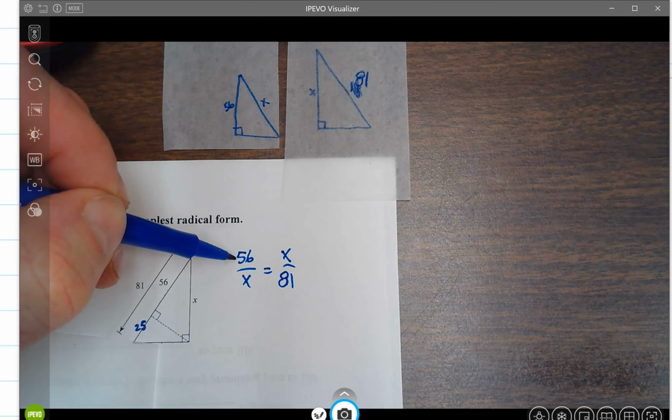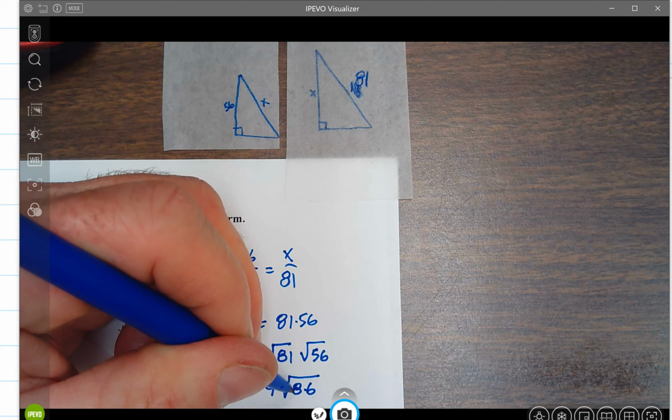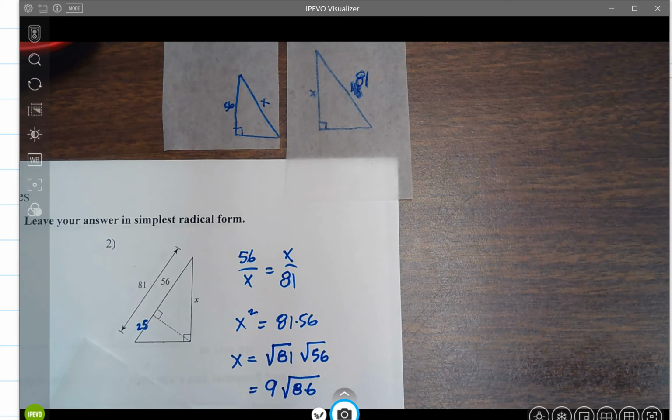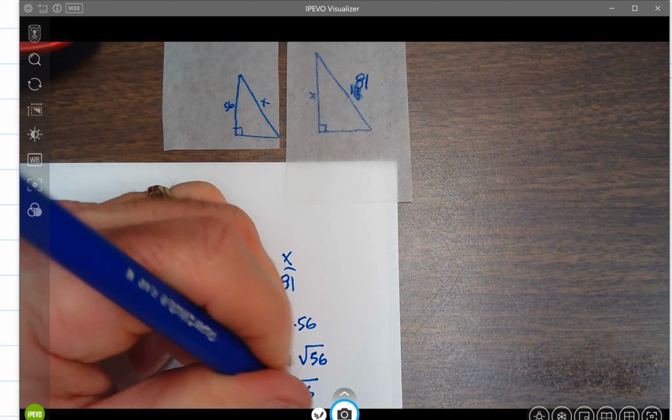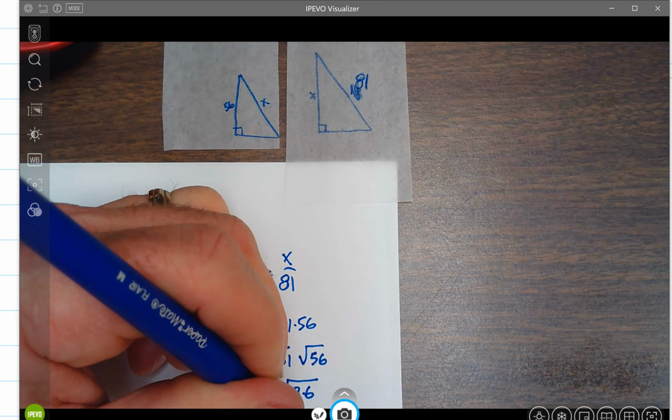And let's see, 56 is 8 times 6. We're looking for a perfect square that goes in there. So 4 divides in. And so you can split that up as 4 times, oh sorry, this is 8 times 7, not 8 times 6.